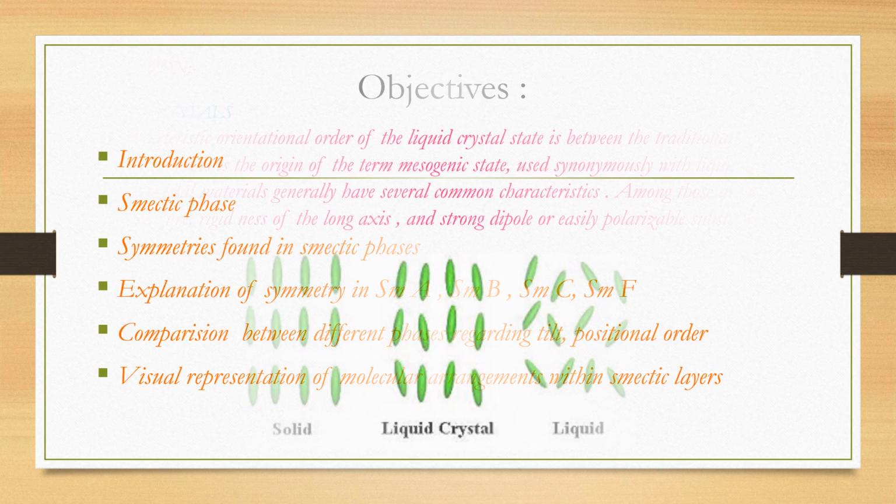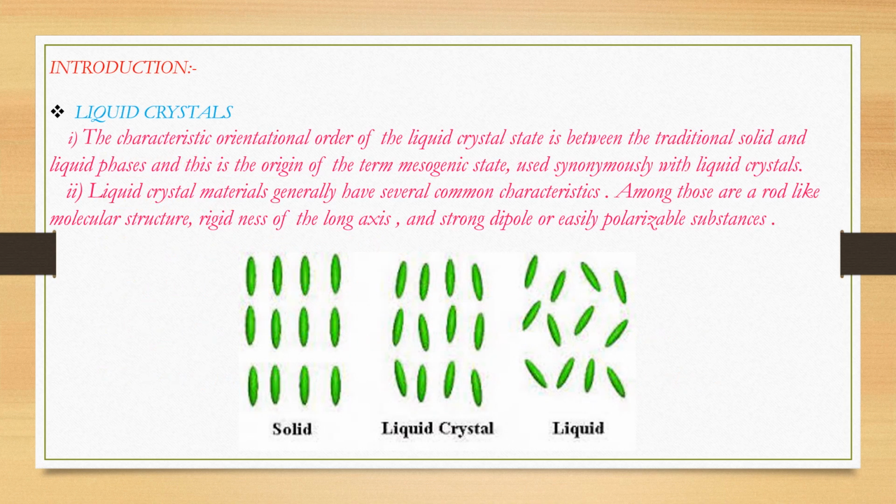So first we'll see about liquid crystals. The characteristic orientational order of the liquid crystal state is between the traditional solid and liquid phases, and this is the origin of the term mesogenic state, used synonymously with liquid crystals.